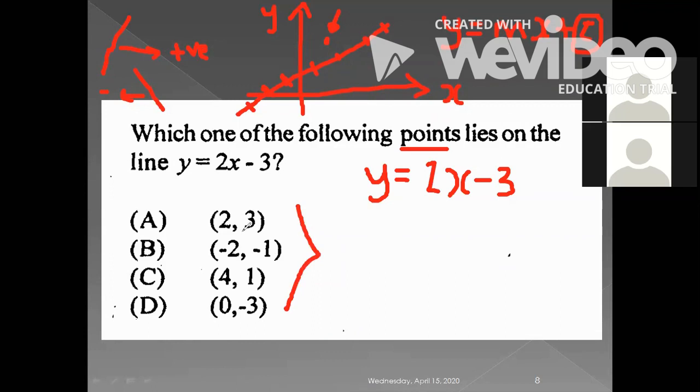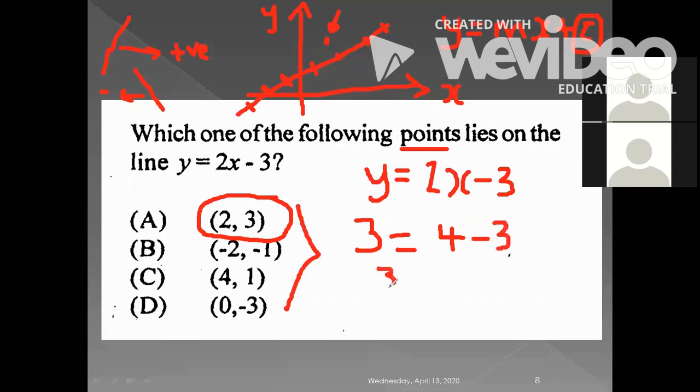All right. So I'm using A as my first choice. So this is what you do, right? Now, the y value would have been 3, right? And x value would have been 2. Now, 2 times 2 is what? All right. Is 4.